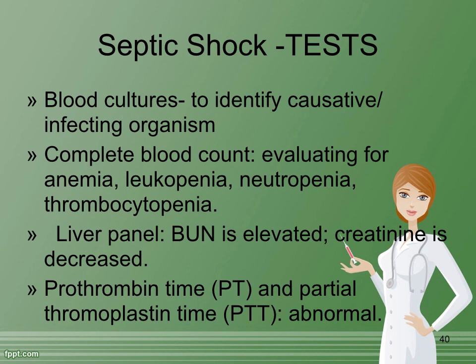CBC, we want to know what the blood components are, and the liver panel to see the BUN and creatinine, what is happening, and then prothrombin time. I think liver panel is a renal panel. Sorry, I wrote liver, it's renal panel. And then prothrombin time and partial thromboplastin time will be abnormal. We want to know the bleeding time in the body too.